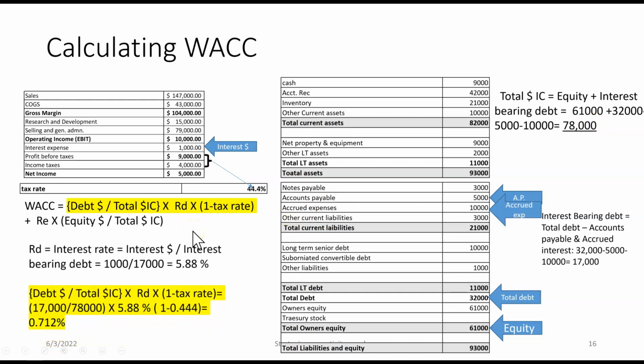So when we throw it into the formula, one of the things we will need is this RD, which is the interest rate. So how do we figure that out? We look at the interest dollars in the income statement. So they're paying about $1 million, over here, and the interest-bearing debt they have is 17.